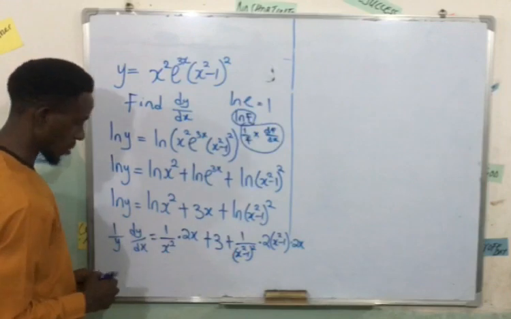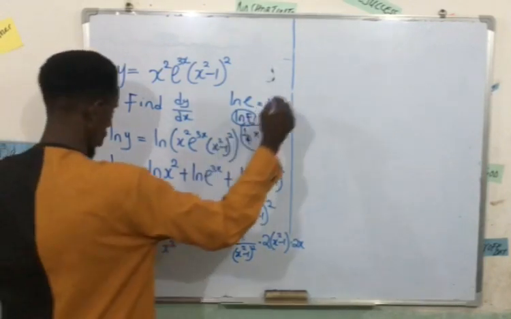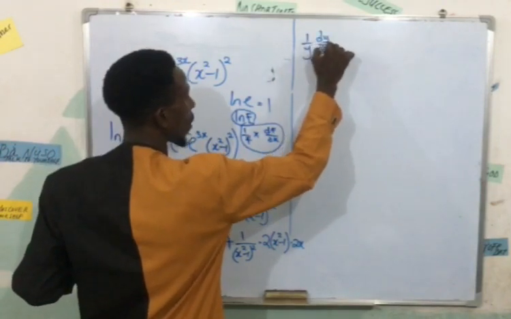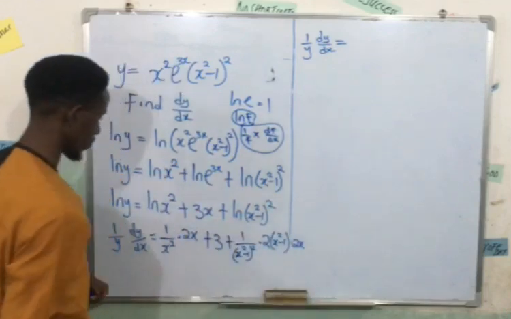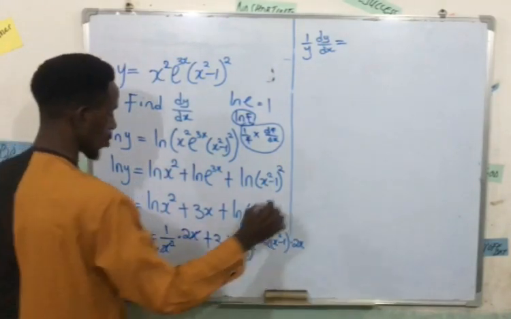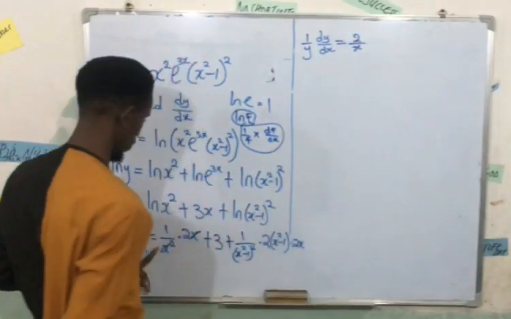So if I continue like this, I have 1 over y dy dx is equal to, 1 of the x here will cancel 1 of the x here. So I will have 2 over x, right?